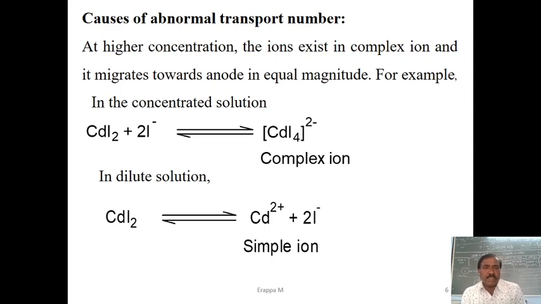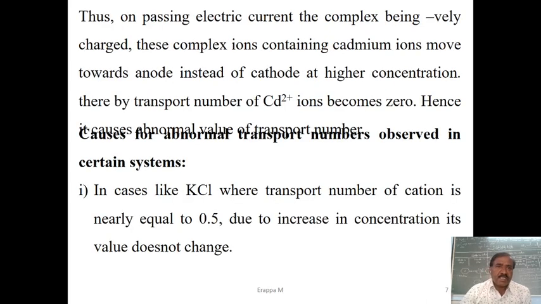For example, in concentrated solution of CdI2, if you go on adding I minus, that means concentration increases, no doubt it forms a complex ion. Here CdI4 2 minus is the complex ion. In dilute solution, CdI2 dissociates, forming simple ions.